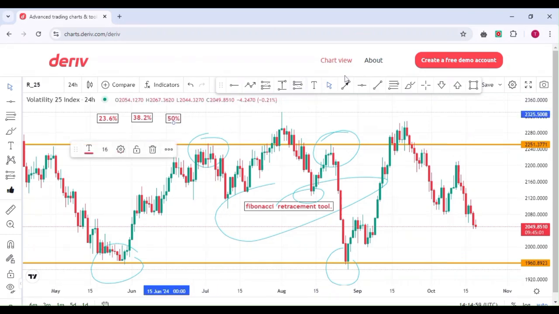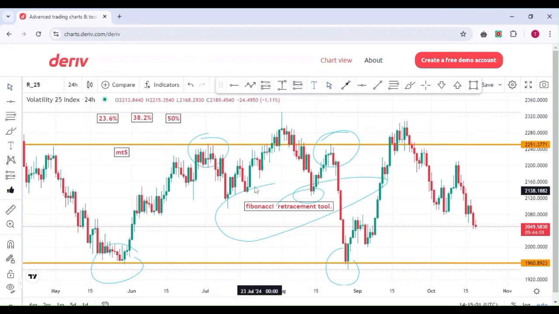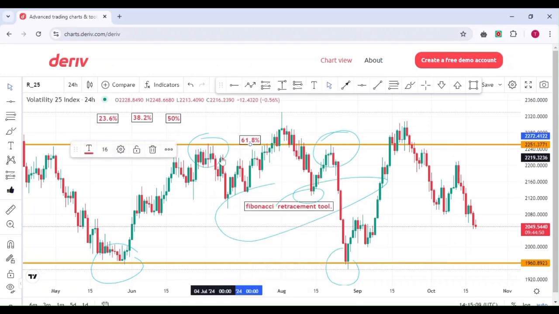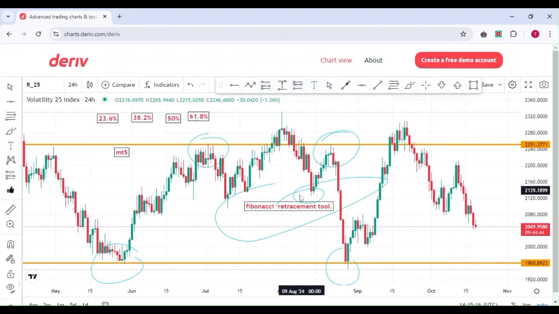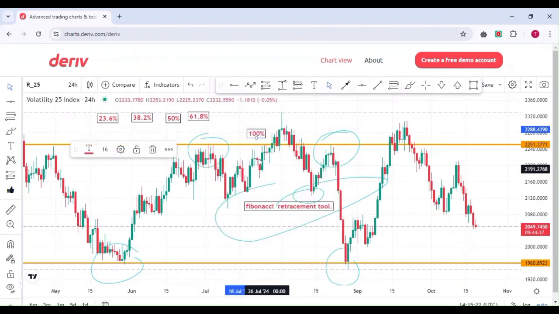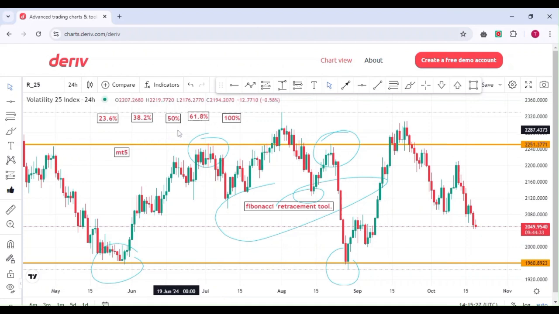That's the next one. The next one, which is very essential, is the 61.8%. And for those people who like to complete, they can use the 100%. On Fibonacci, you will realize how they are placed. So we have those key levels now.